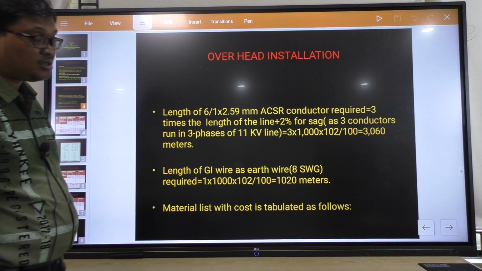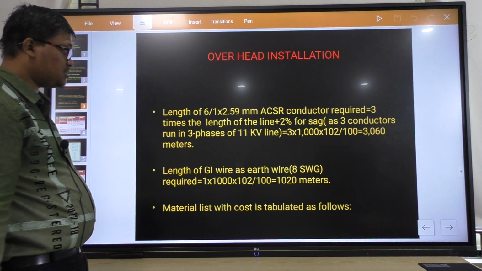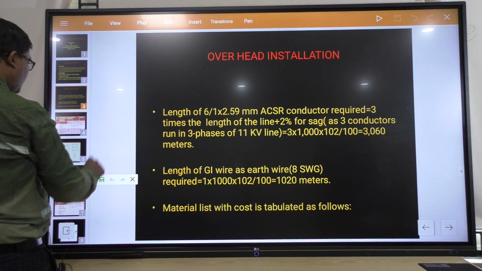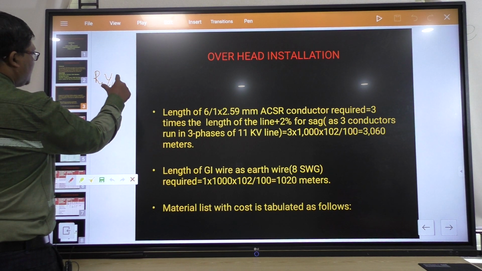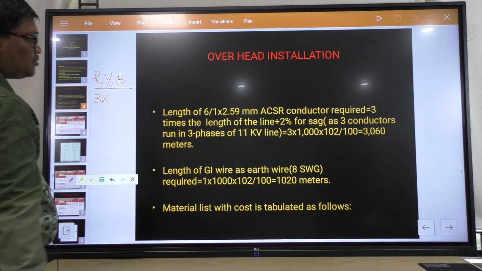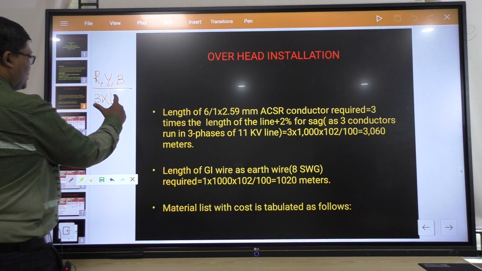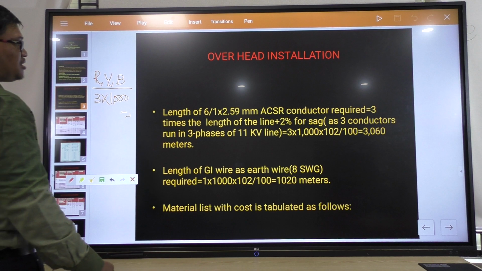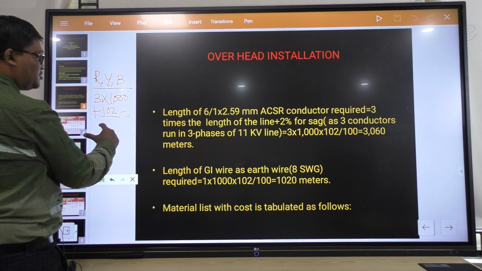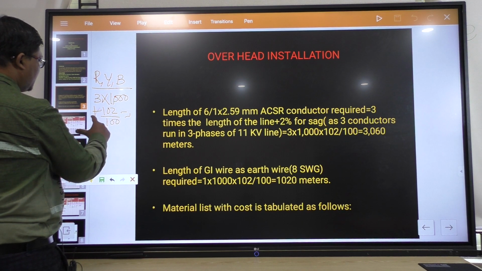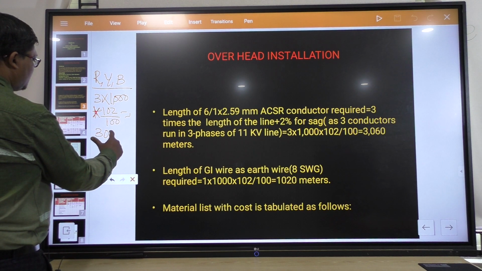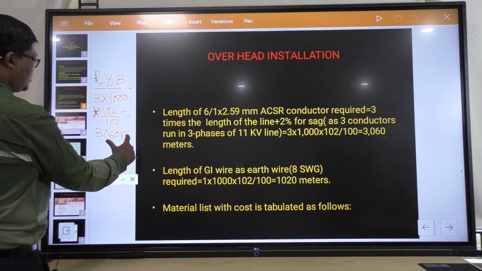It is 3 times the length of the line plus 2% sag. 3 times because of the R, Y, B 3 phases, so 3 into 1000, the total length of the line, and plus 2% sag means 102 by 100. It will come to 3060 meters.